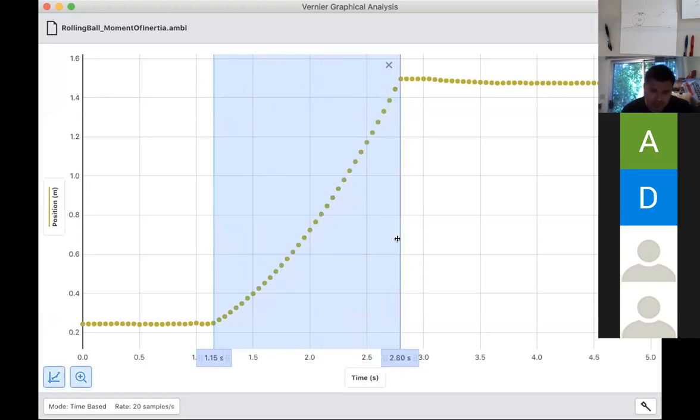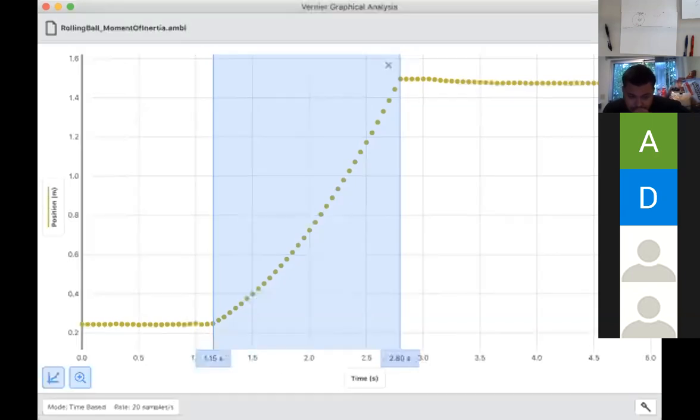If we look at this range of data here, it looks very much like a parabola. And it should, right? We did this like 18 times at the beginning of the semester, where we rolled the cart down a hill and we measured its position, and we found that it had an acceleration equal to g sine theta, right?